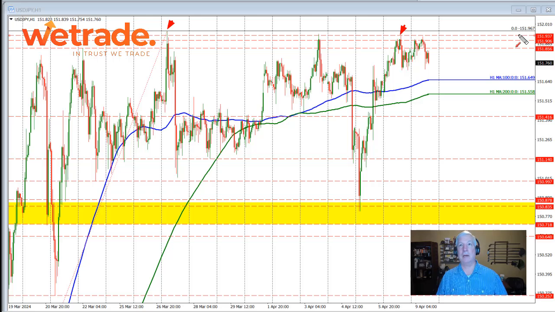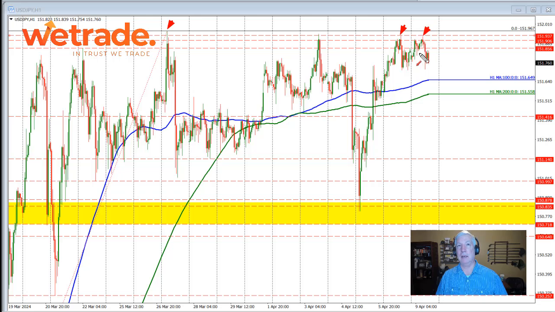That 30-year high took out the prior 2022 high of 151.94 and the 2023 high of 151.92. So we have one, two, three year highs within about 5 pips of each other, and that is a serious ceiling for the dollar versus yen. We're going to need to get above that level in trading today.